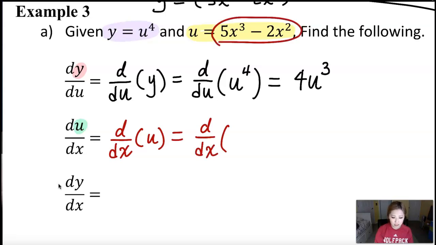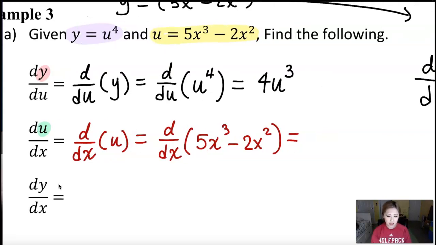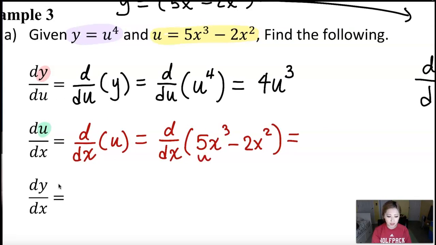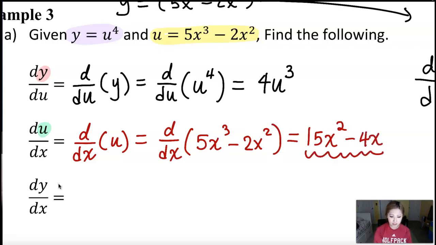So I stick that in here, 5x to the third power minus 2x squared. And what this is saying is, hey, just take the derivative with respect to x. And let's do that. Derivative of 5x cubed is 15x squared. Derivative of negative 2x squared is negative 4x to the first power. So this is it. I will underline this in red, and I will underline the first part in black.